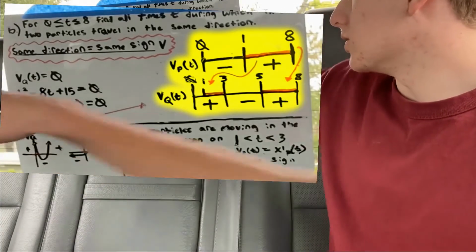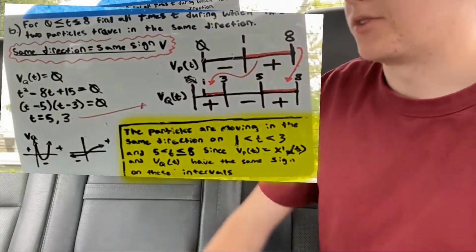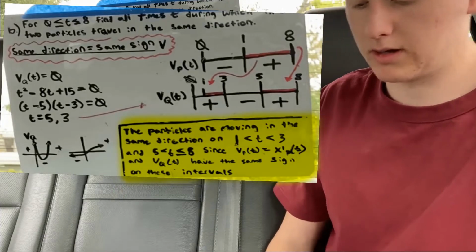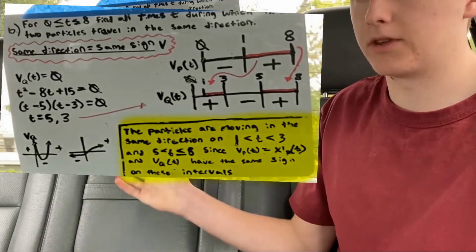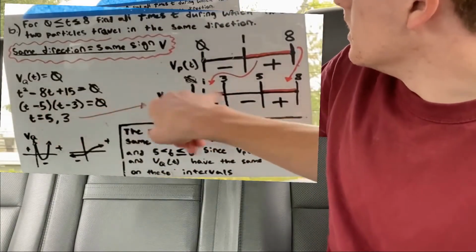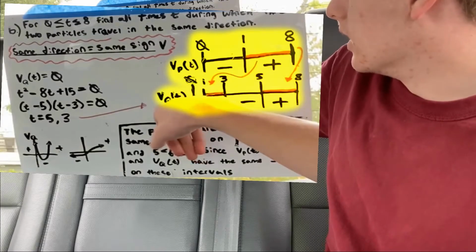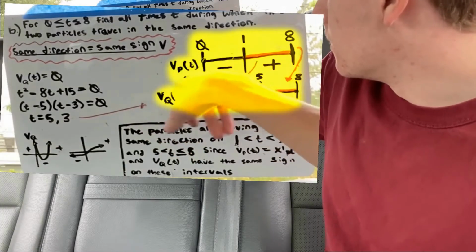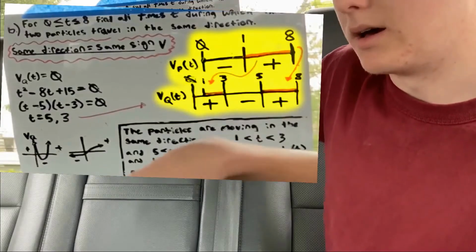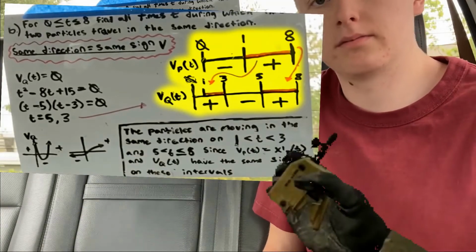And if you don't do the analysis, so if you don't say, since they have the same sign on these intervals, you miss both points for the question. And another common mistake that you could make would be only recognizing the interval of 5 to 8 and ignoring the interval of 1 to 3, since there's a gap of a negative interval between them.